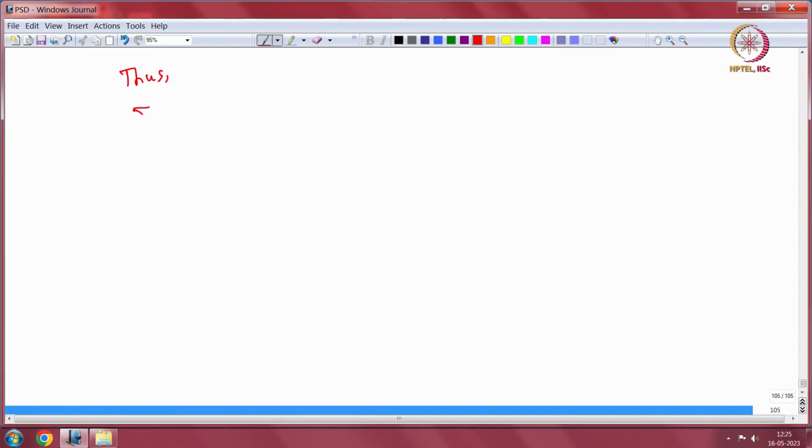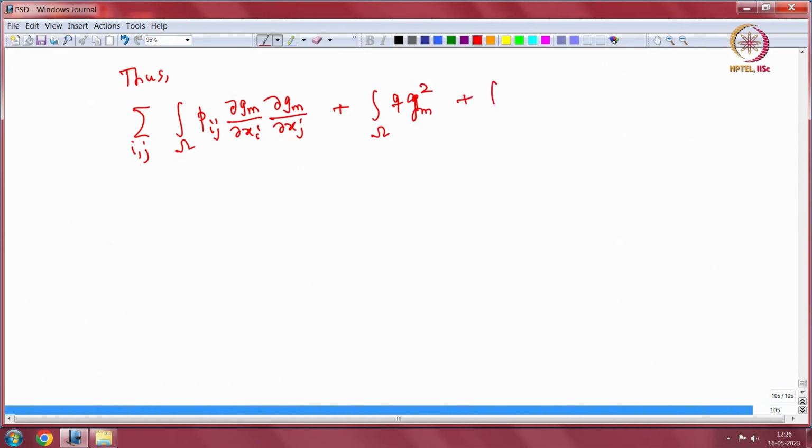So this is the sum over i, j of the integral over omega of Pij del Gm by del Xi del Gm by del Xj, plus the integral over omega of Q Gm squared, plus the integral over the boundary del omega of R Gm squared.